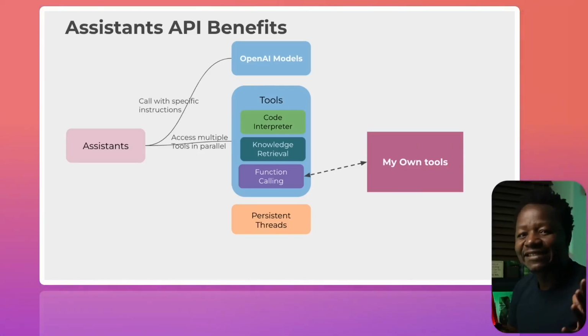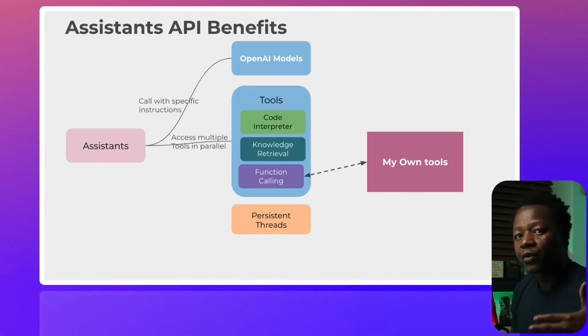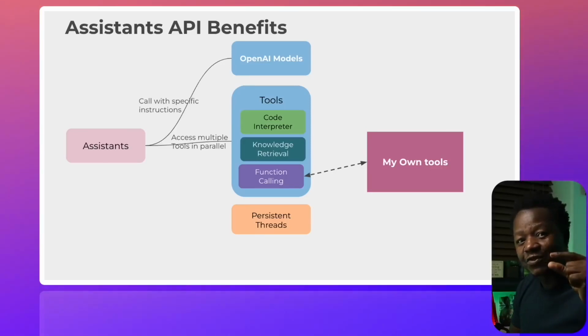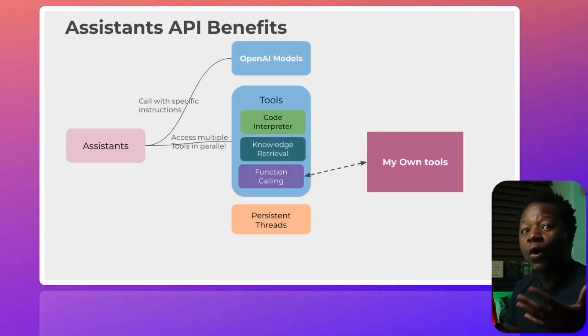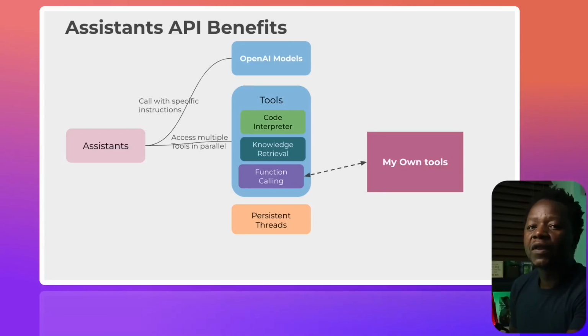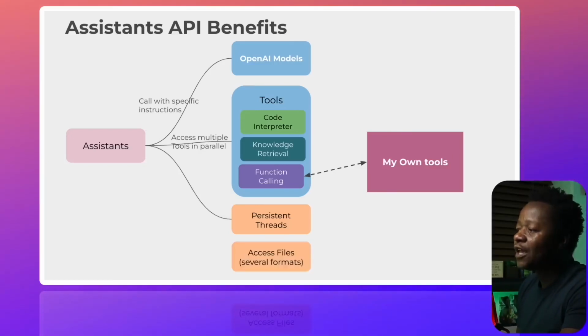So they're stateless. They don't have a way of saving the context, which is problematic when we want to refer to a certain concept that was talked about. If they're not saving that history, then it wouldn't know what you're referring to. So context is very important, and that is all given with the Assistance API. Okay, and of course we can access files in several formats.